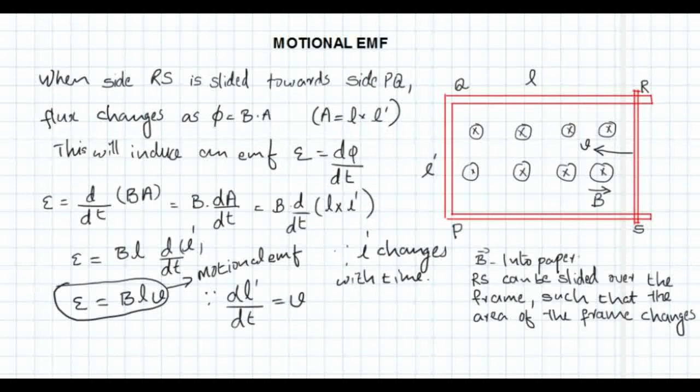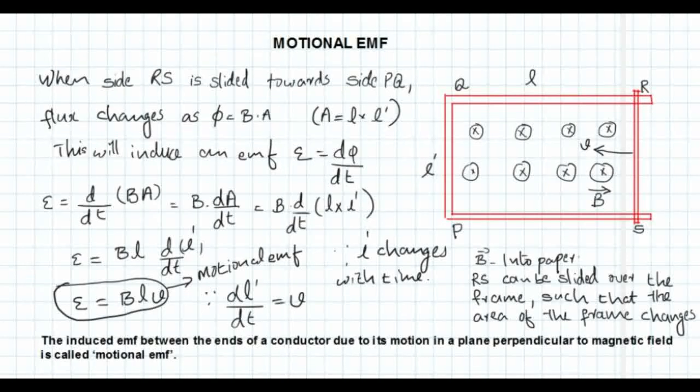Now we may define this motional EMF. It is defined as the induced EMF between the ends of a conductor due to its motion in a plane perpendicular to magnetic field is called motional EMF. So the induced EMF between the ends of a conductor. Here the conductor is the length RS, right? This RS represents a conductor which is slided over this frame.